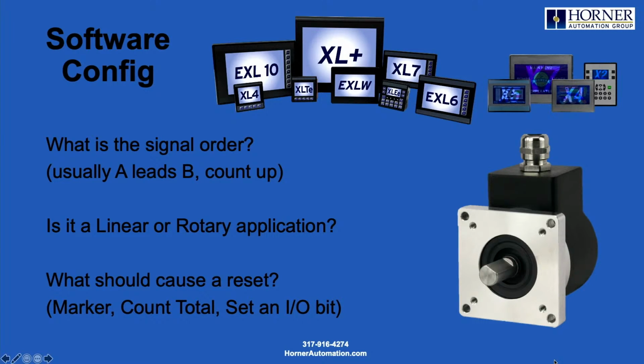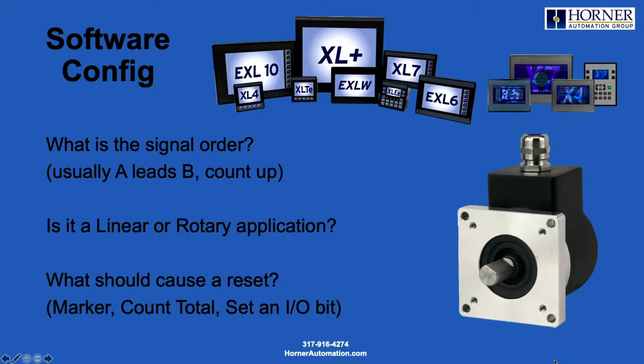It's not likely going to be something in the encoder that you need to set to cause that to reset. It's going to be some sort of external signal. But in a rotary application where there's 360 degrees of total travel, you very well may use something like the marker pulse to reset to 0, or you might use the total number of possible counts in one revolution to reset the signal to 0. Those are some questions you have to answer as you head towards configuration.